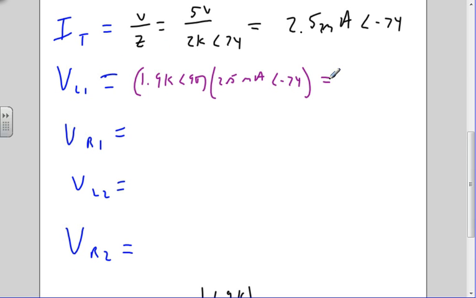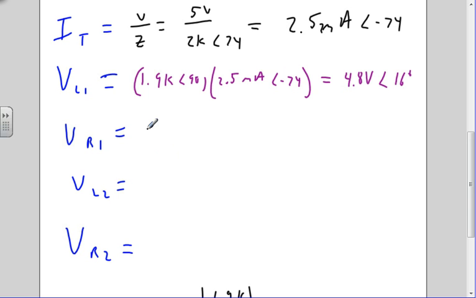Sloppy again, I know. 1900 times 0.0025 equals 4.8 volts angle, what? 16 degrees. All right, so you want me to get rid of some of the sloppiness here? Okay, is that good? Thank you.